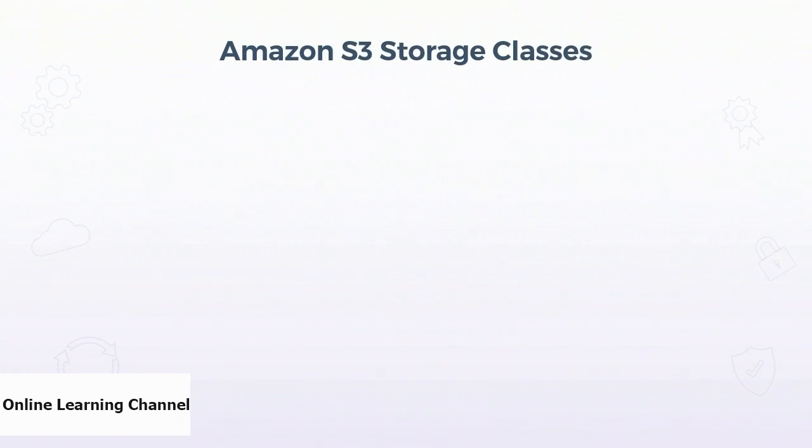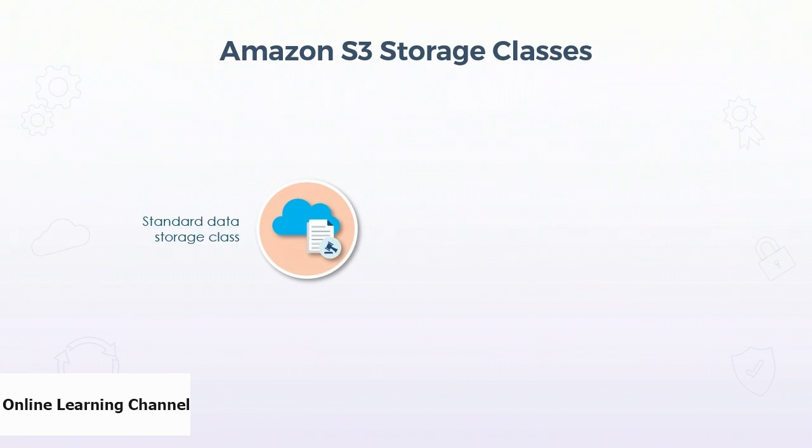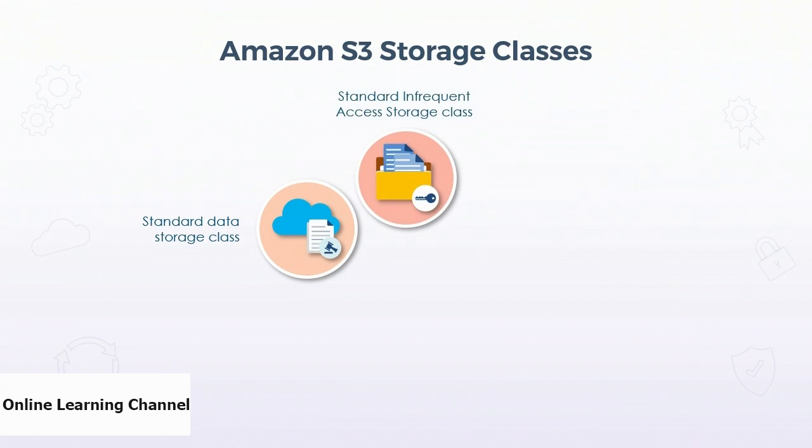Apart from S3 intelligent tiering storage, Amazon S3 also offers 4 different storage classes based on levels of availability, performance, and durability of data storage. The first is Amazon S3 Standard Data Storage class, that is for default storage of objects. The second is Amazon S3 Standard Infrequent Access Storage class, that is designed for data that is accessed less frequently.